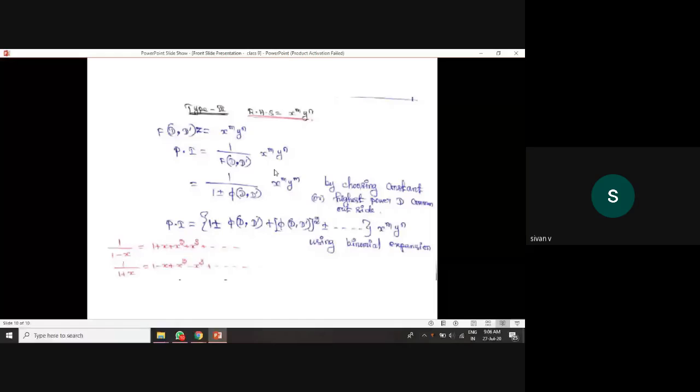This is a uniform way. You can choose any one method, either D outside or D′ outside. The answer will not come equal; slight changes will come. A partial differential equation may not have the same answer for different steps. So this step you can remember.